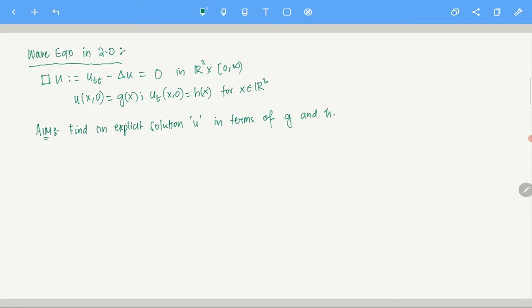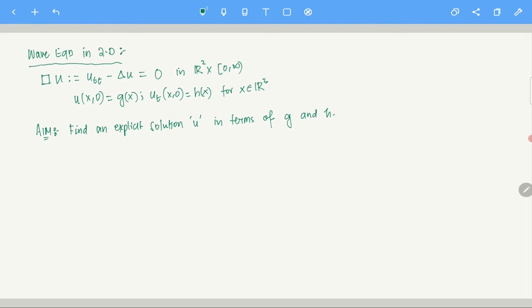Clear? Whatever we did initially for the three-dimensional case, we are going to do for the two-dimensional case. Not the exact same thing, but the same kind of goal: we want to find an explicit solution.